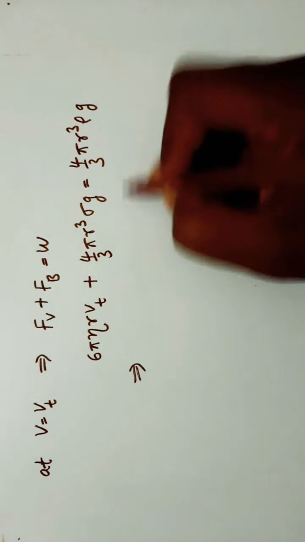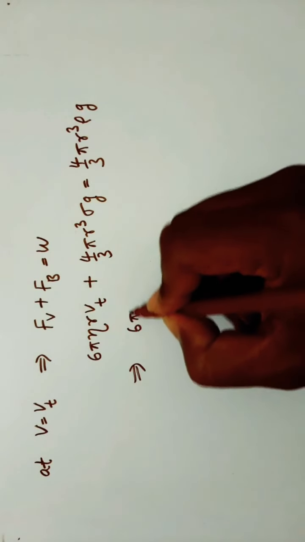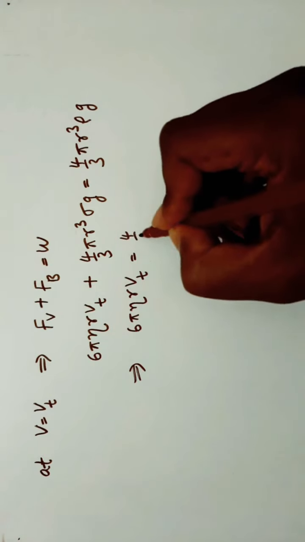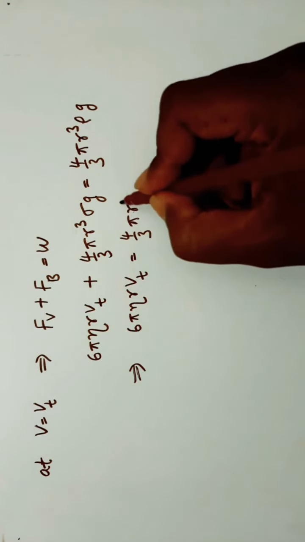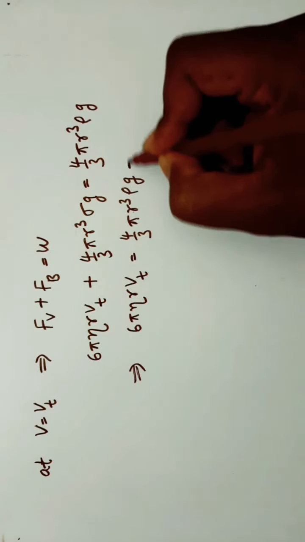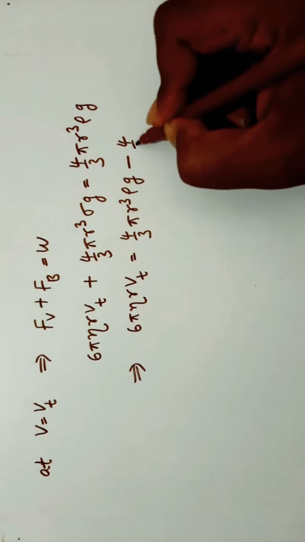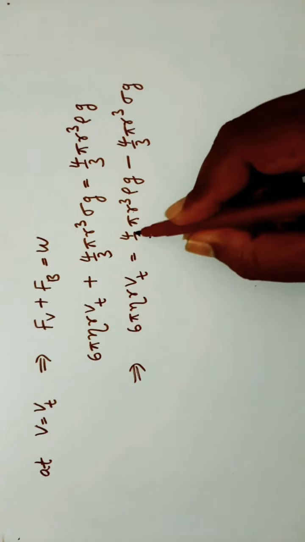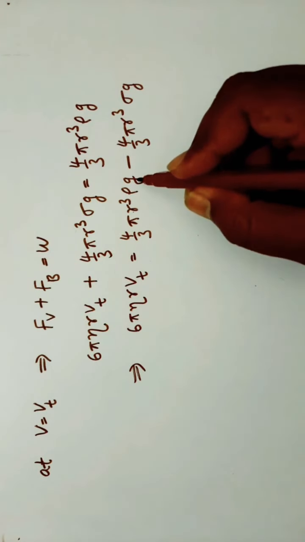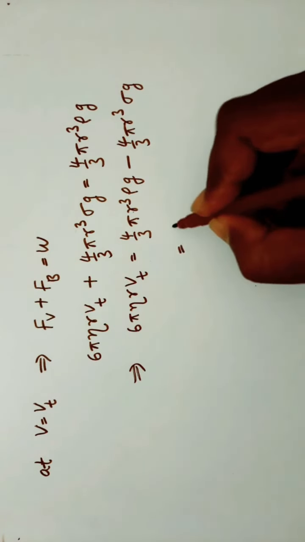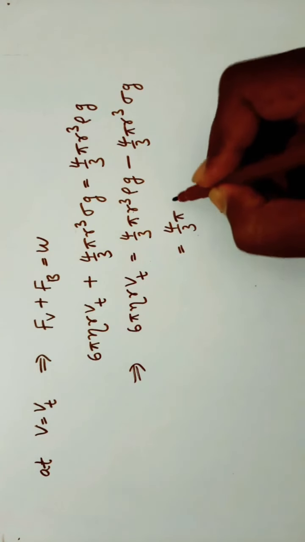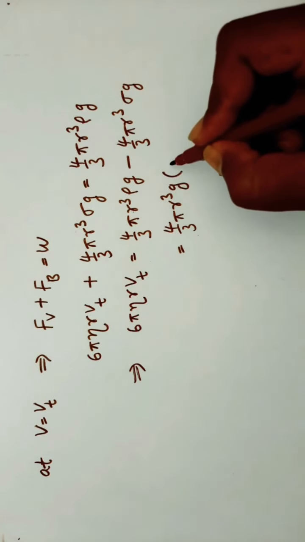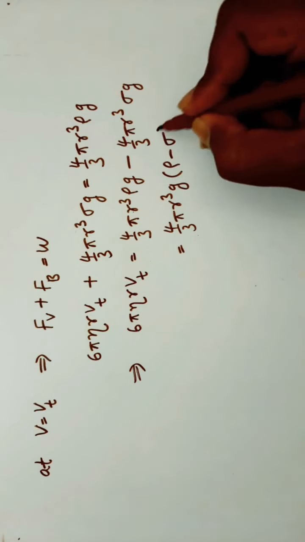Take this to the right side. So we can write 6 pi eta r Vt is equal to 4 by 3 pi r cube rho g minus 4 by 3 pi r cube sigma g. Take 4 by 3 pi r cube g common. Here the remaining terms are rho minus sigma.